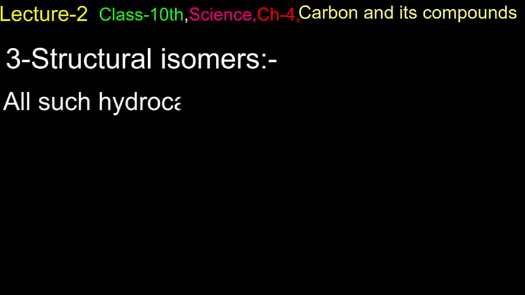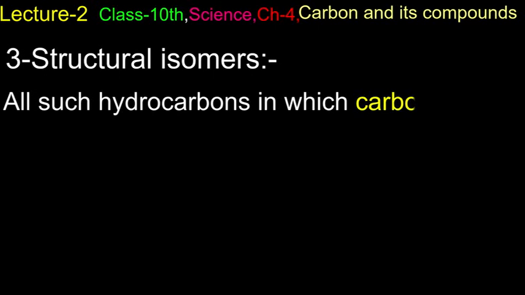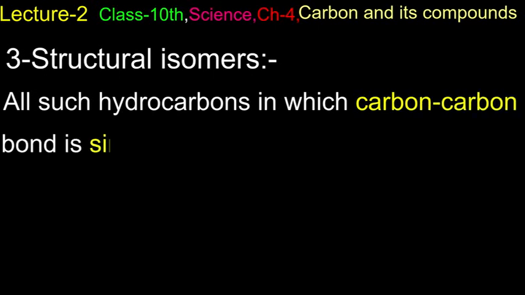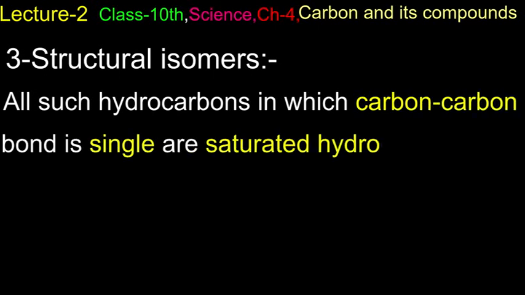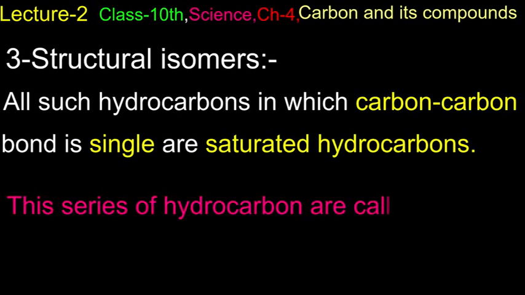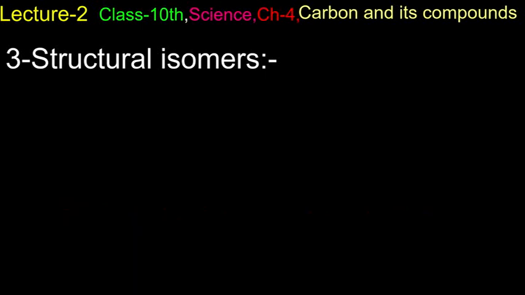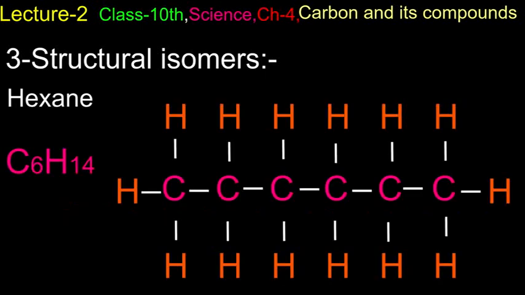All such hydrocarbons in which carbon-carbon bond is single are saturated hydrocarbons, and this series of hydrocarbons I have just discussed are called alkanes. The chemical formula of hexane is C6H14. Carbon compounds can have cyclic structures too.